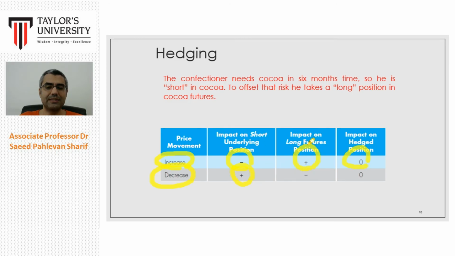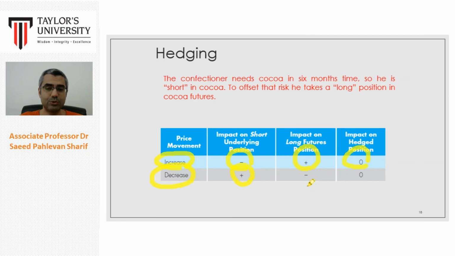Now, what is the value impact on the long position he has on the futures contract? He has a contract that obligates the confectioner to buy cocoa at 100 ringgit per ton. But actually in the market, we assume the cocoa is now traded cheaper, maybe reduced to 50 ringgit.